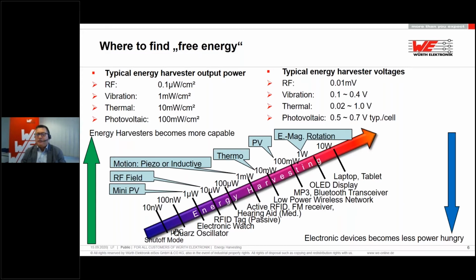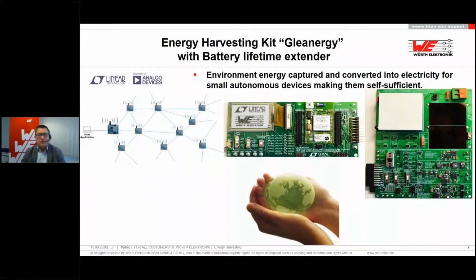Because of that, we developed together with former Linear Technology, now Analog Devices, the new name, a demo kit. It has a chip inside with an ARM Cortex M3 core, and directly on the chip an RF module is built into the processor, and you can go on one leg directly to the antenna.